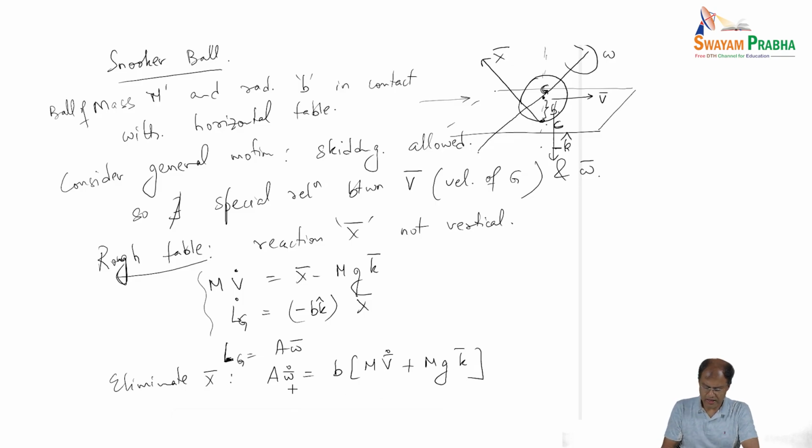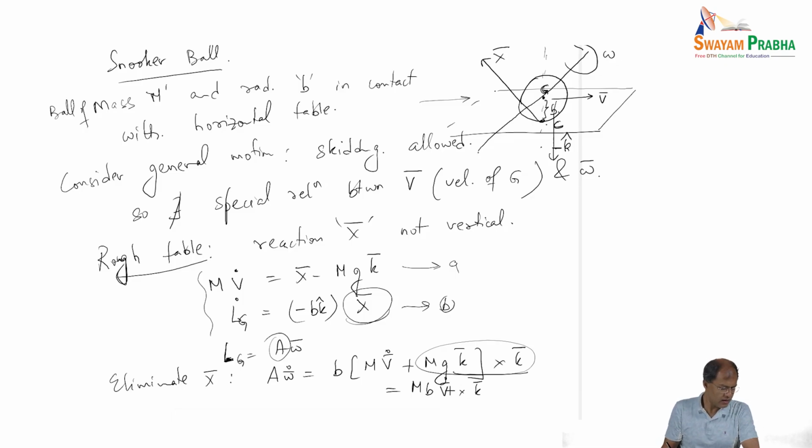So if we eliminate this reaction force from our two equations, we see that our net equation of motion, this is a spherically symmetric object, so we have the principal moment being A. So we get this equation, and this is cross product with K, right? So K cross K, there won't be any weight contribution, and we see that this is also equal to mb v dot cross with K, right?